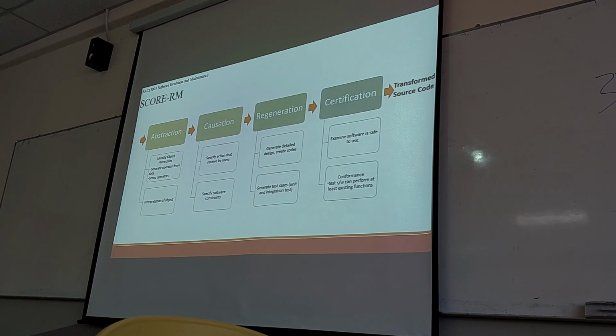Certification is to check whether the software is ready and safe to be used, and whether the software conforms to all the necessary functions and requirements. So these are the 8 functions or 8 stages of the SCORE RM model.